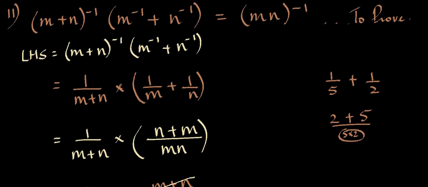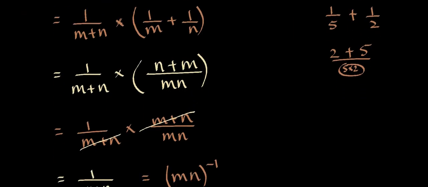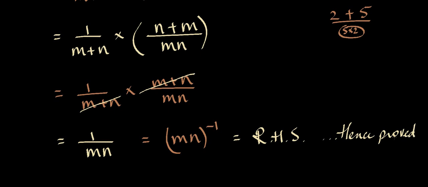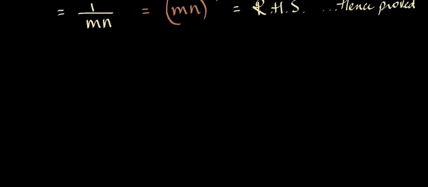Oh yes, these turned out to be long-lost brothers. m raised to minus 1 and mn raised to minus 1. So we can proudly say this is equal to RHS, and hence proved or proven, whatever.